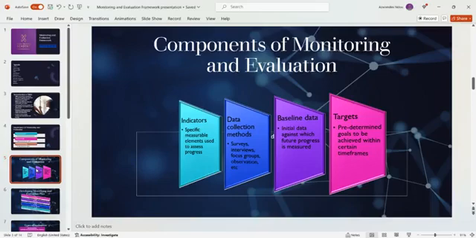If, for instance, your goal is to see the Matric 24 learners' pass rate at about 80% or so, in terms of indicators, you will be saying how many learners have passed matric.